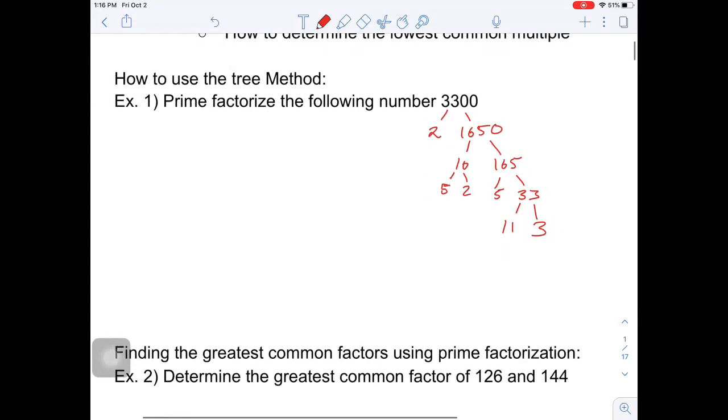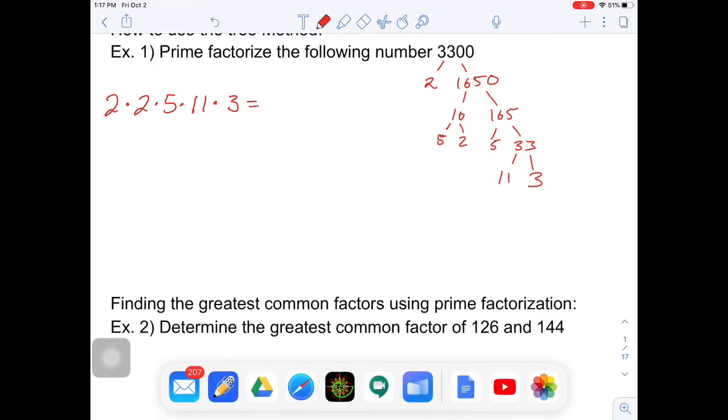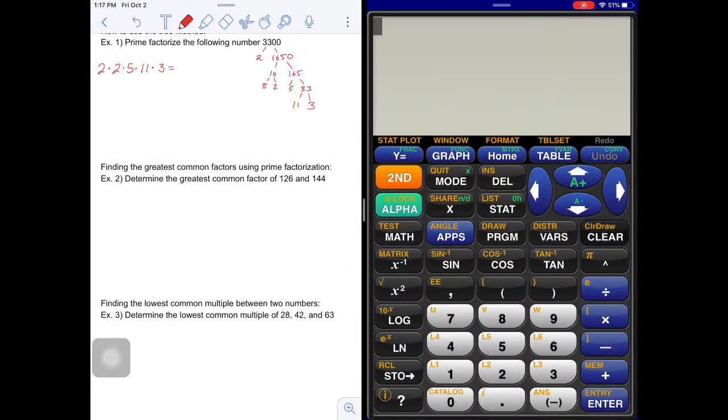Now recognize, this means that if I multiply 2, 5, 11, 3, let's do that in our calculator. So 2 times 2 times 5 times 11 times 3, this value here is actually going to equal 3,300.